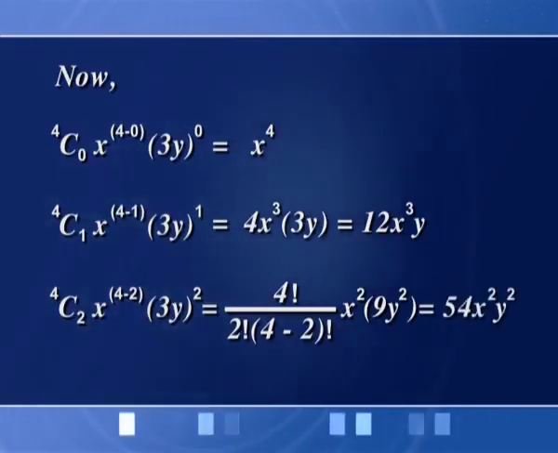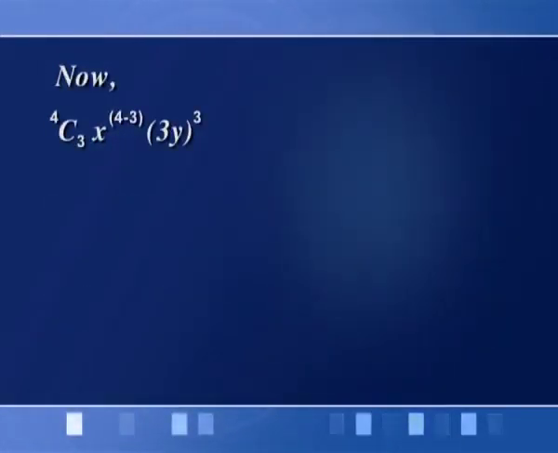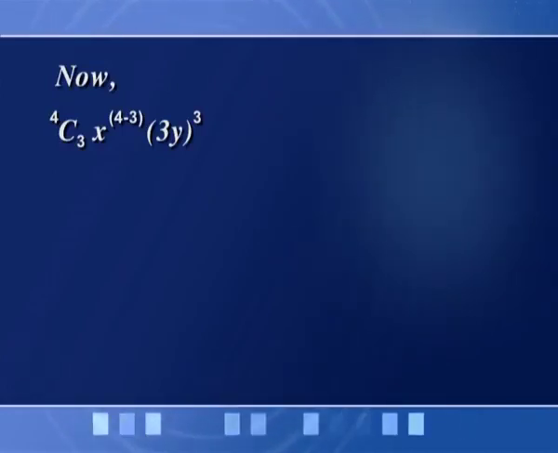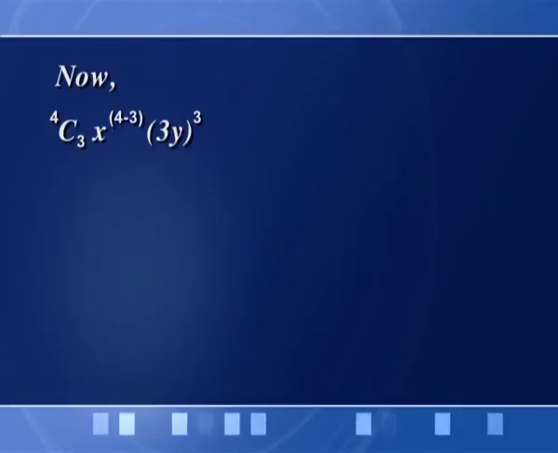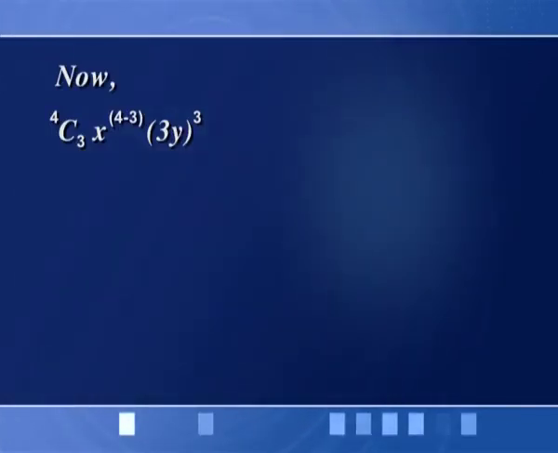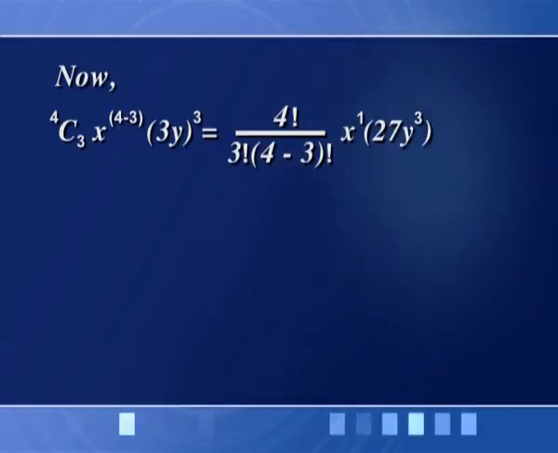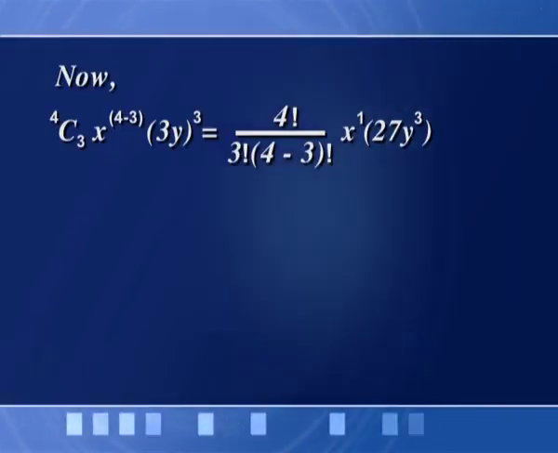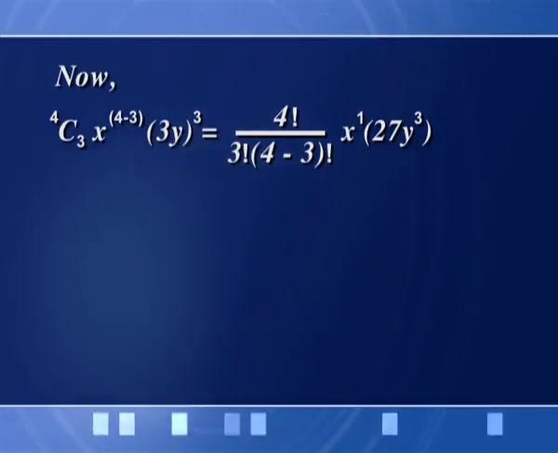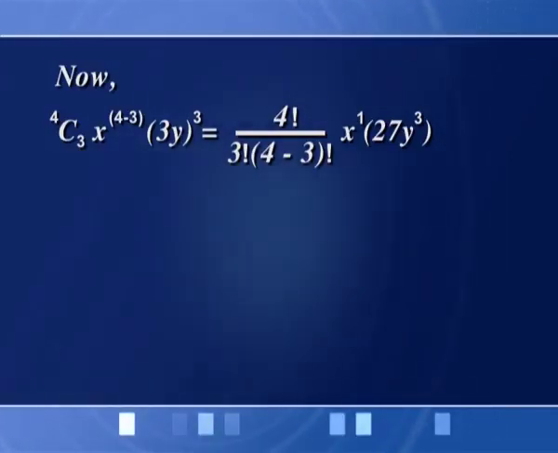Now, the next term is 4C3 x^(4 minus 3) (3y)^3. On solving this term, we will get 4 factorial divided by 3 factorial into (4 minus 3) factorial, x raised to the power 1 into 27y cube.